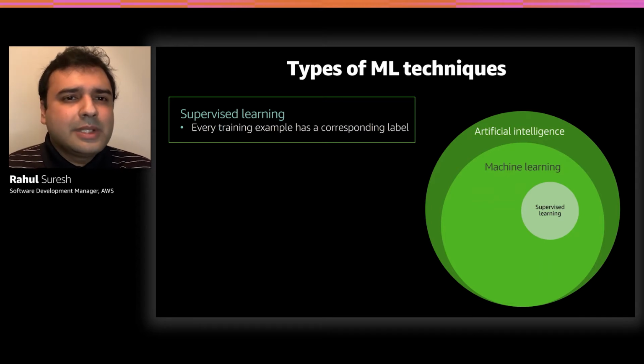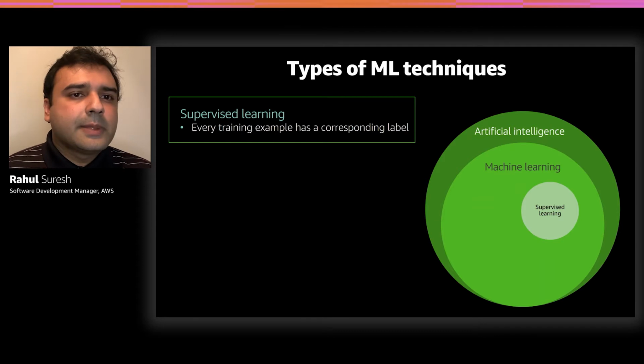For example, let us look at a cat-dog detector. We first label, let's say, 1,000 images of cats and 1,000 images of dogs and feed them into a classifier for training. So the model now learns to differentiate between cats and dogs. So when I feed it a new image, it's able to identify the image as a cat or a dog. So this is supervised learning.